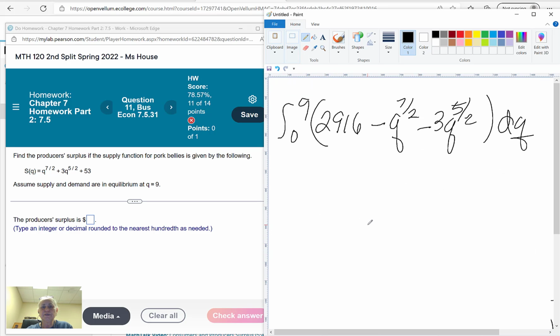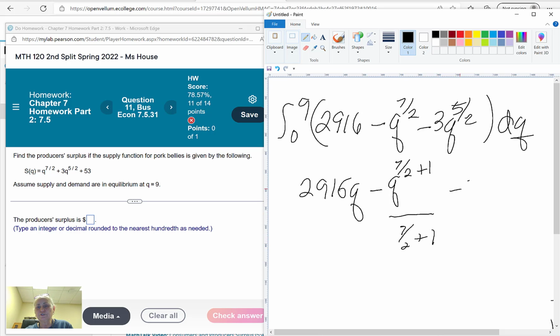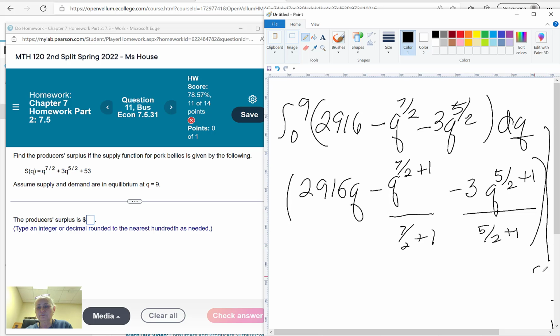So this is going to be 2916Q minus Q to the 7/2 plus 1 over 7/2 plus 1, minus 3Q to the 5/2 plus 1 over 5/2 plus 1. Now all of this is evaluated at 0 and 9.